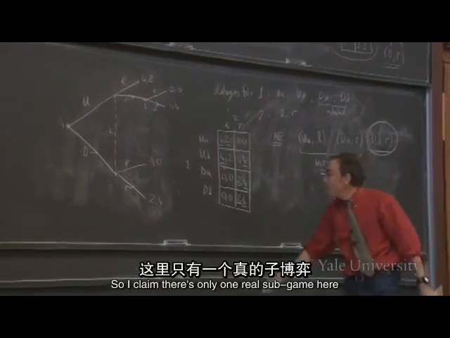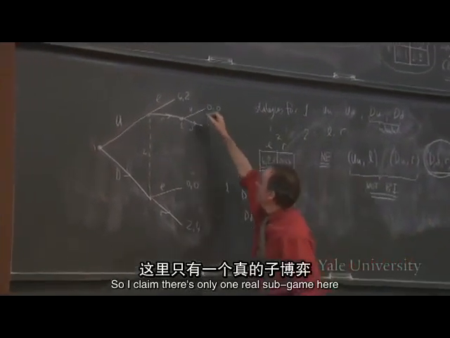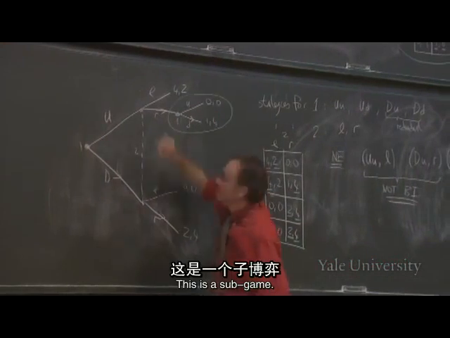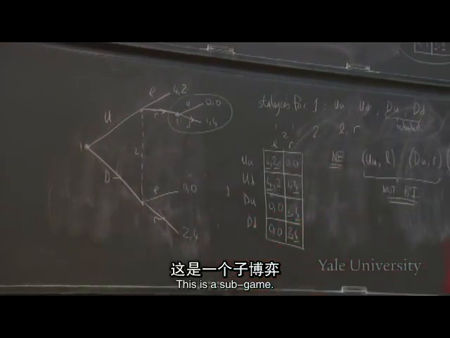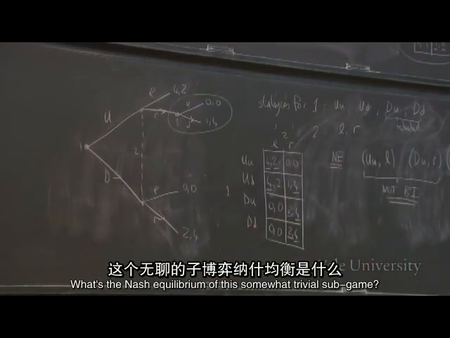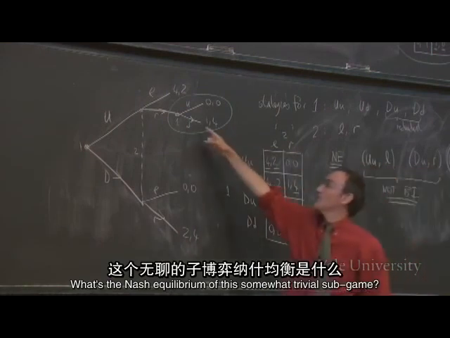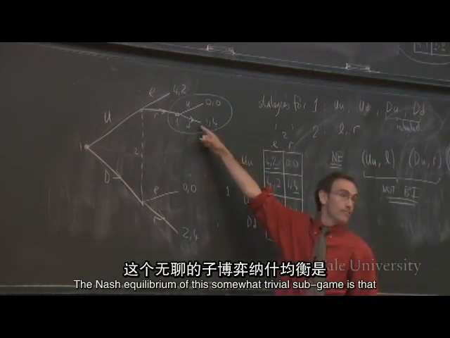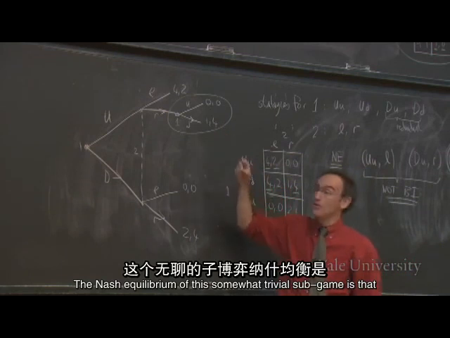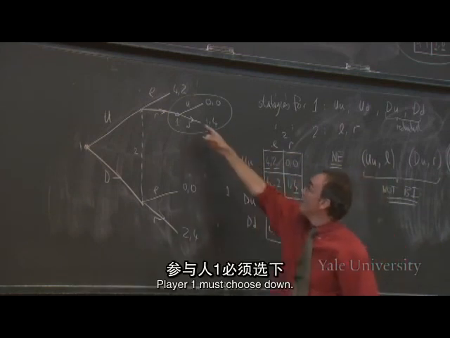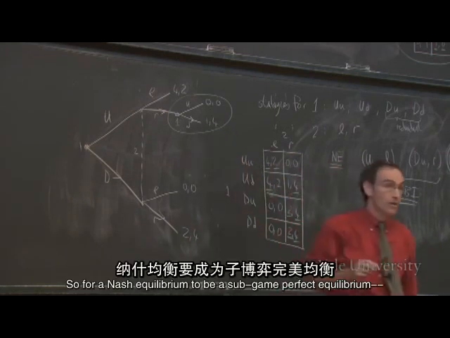Anybody? So I claim there's only one real subgame here, and that's this piece. This is a subgame. What's the Nash equilibrium of this somewhat trivial subgame? The Nash equilibrium of this somewhat trivial subgame is that player 1 must choose down.